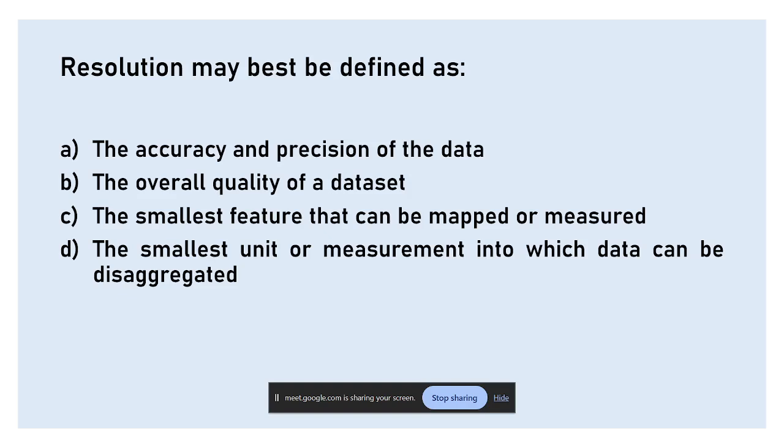Resolution may be best defined as which of the following: the accuracy and precision of the data, the overall quality of a data set, the smallest feature that can be mapped or measured, the smallest unit or measurement into which data can be disaggregated.